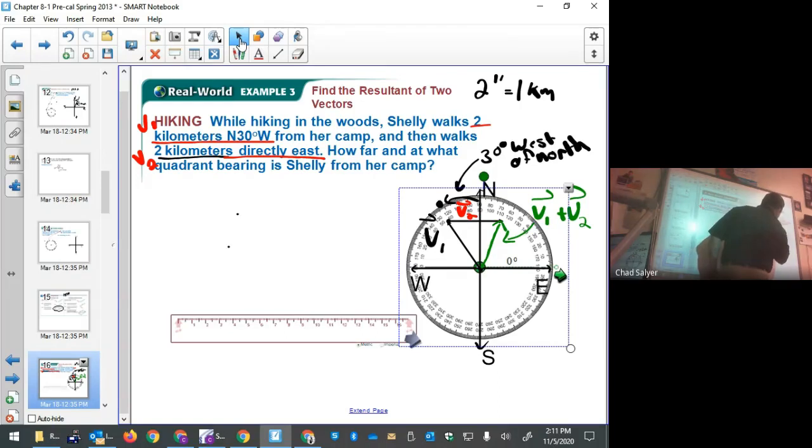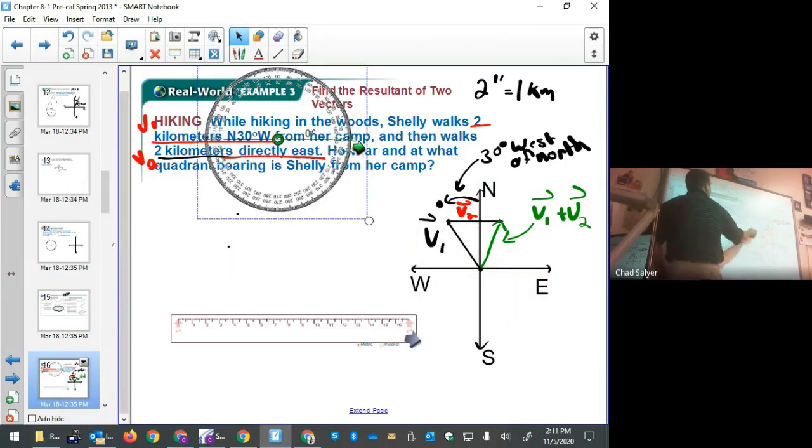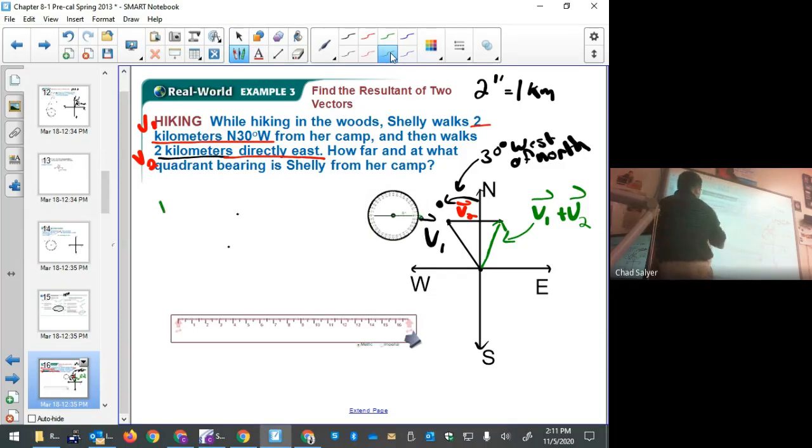It's like about 75 degrees from the horizontal, but they're using quadrant bearing. So if I do that, it's 20 degrees east of north.